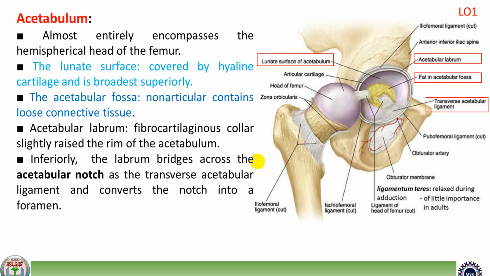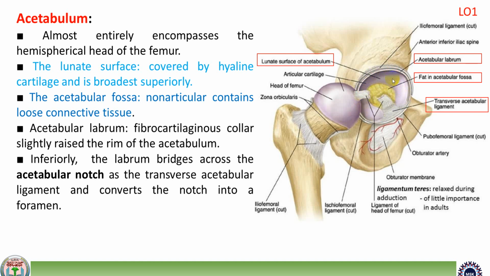Now we come to the second part of the joint, that is the acetabulum, which nearly entirely encompasses the hemispherical head. That means the head is deeply inserted in the acetabulum. The acetabulum consists of this part, which is covered by articular hyaline cartilage, called the lunate surface, which is broadest superiorly to support the head.